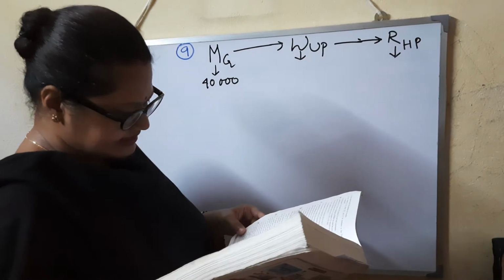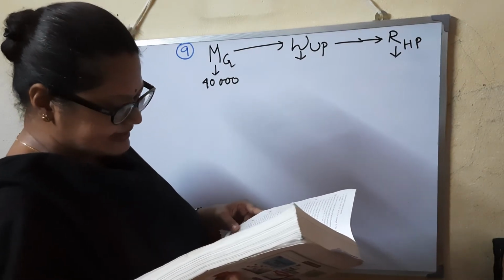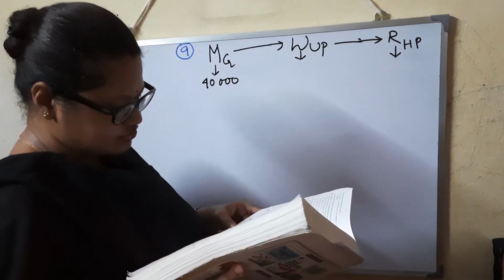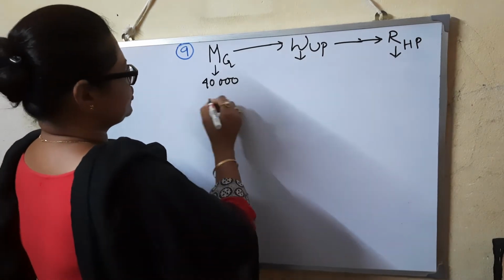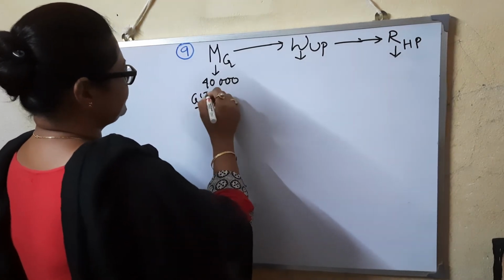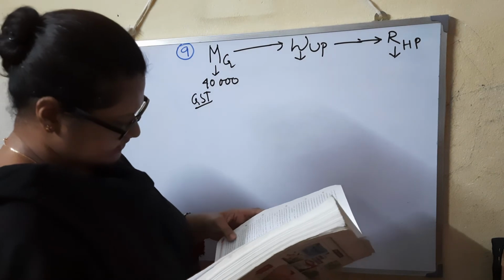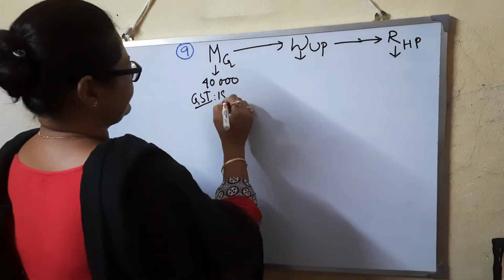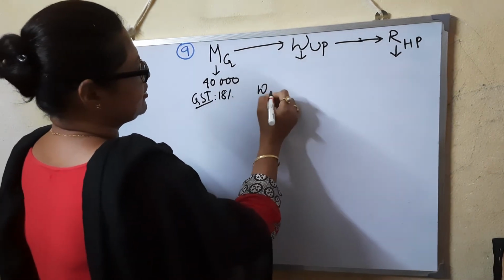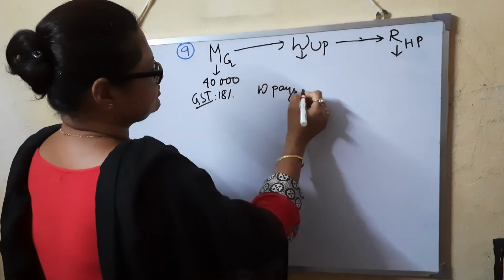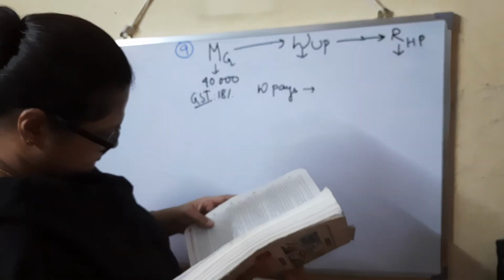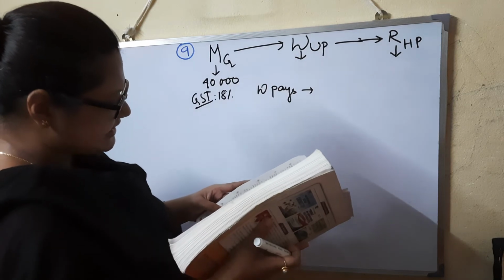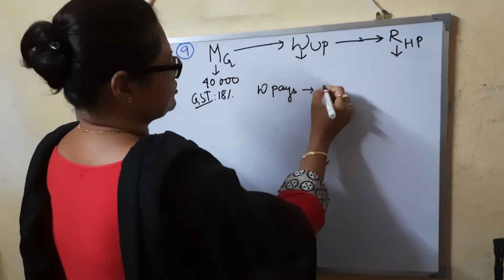It has been said that the wholesaler gets it at a 10% discount on the printed price. Before that, GST is given at 18%. First, the wholesaler pays the 10% discount on the printed price.